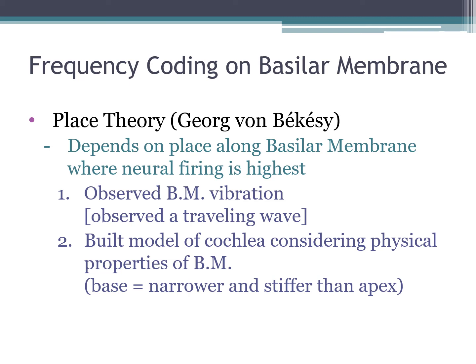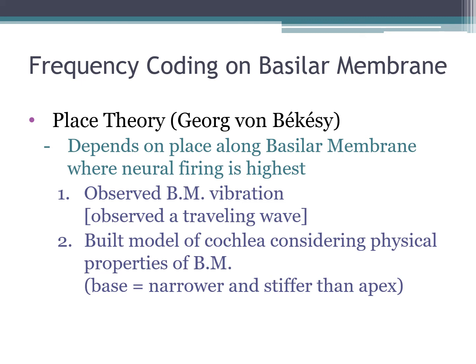We're going to have a peak at some point, and the place along the basilar membrane where we see that peak is going to correspond to the frequency of the sound, which gives us our coding for pitch. He did this by observing the vibration of the basilar membrane itself, and he observed a traveling wave.